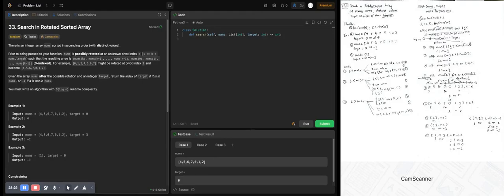So how do we know that? Well, we need to check nums of mid is less than target.